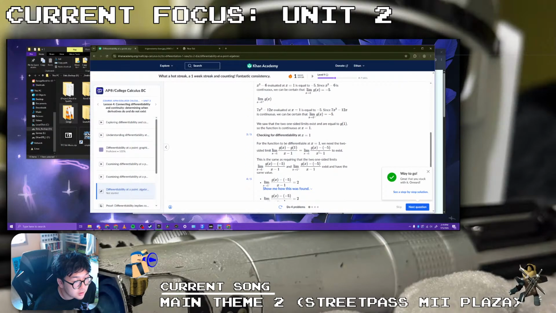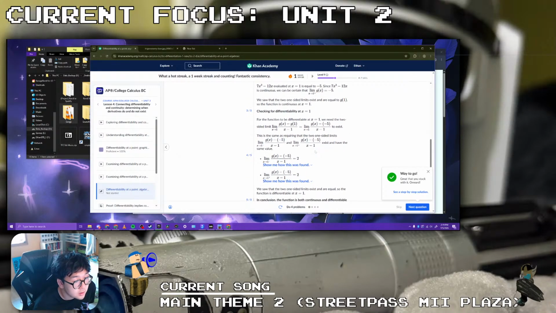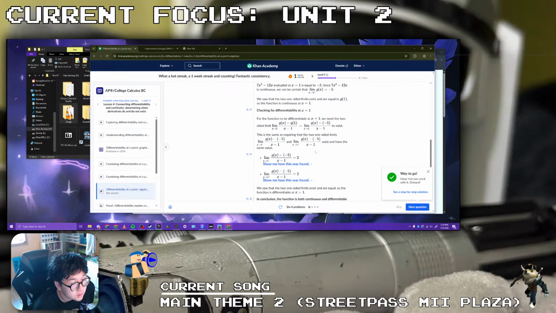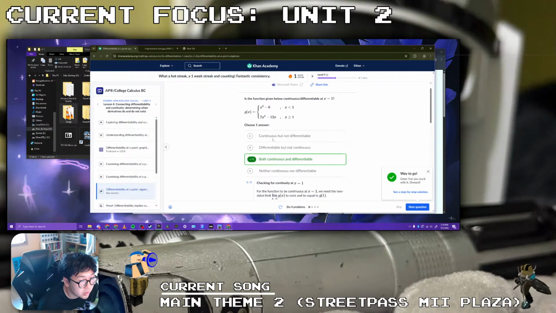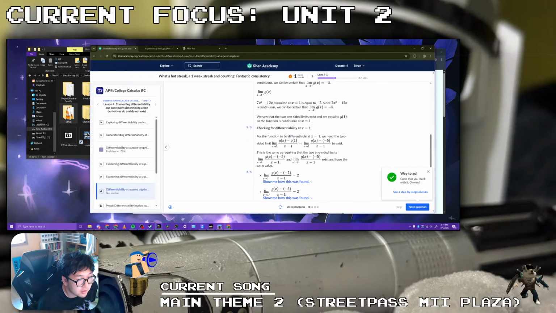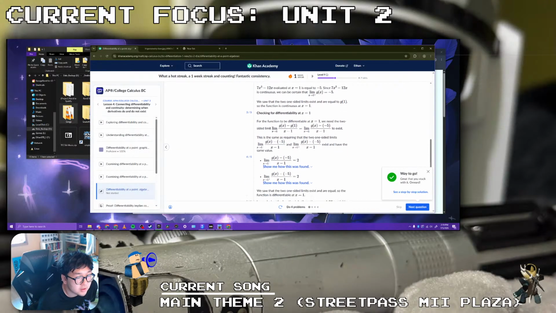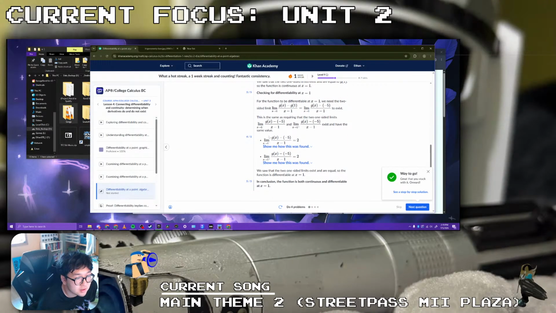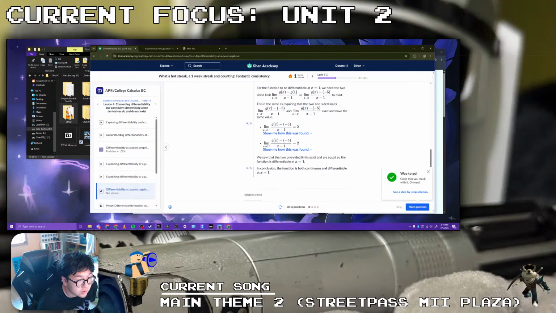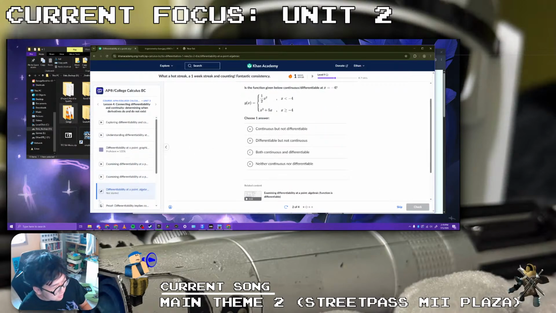So they're continuous. Would you get -5? Oh, because they both need to approach -5, I guess. Alright. See, we're learning.